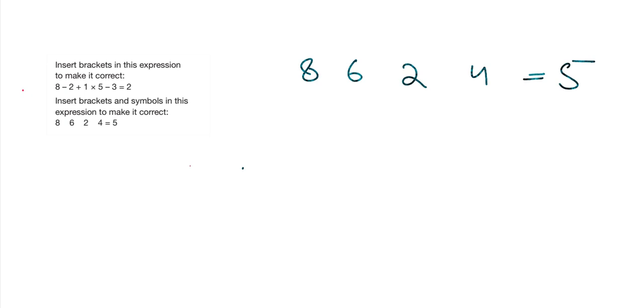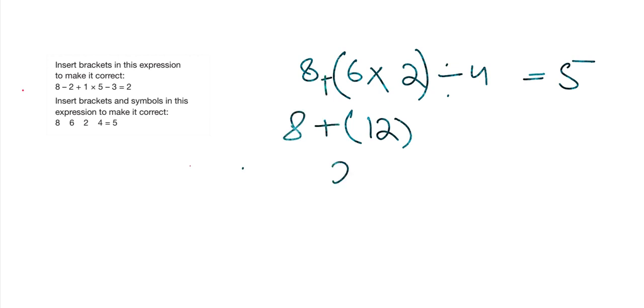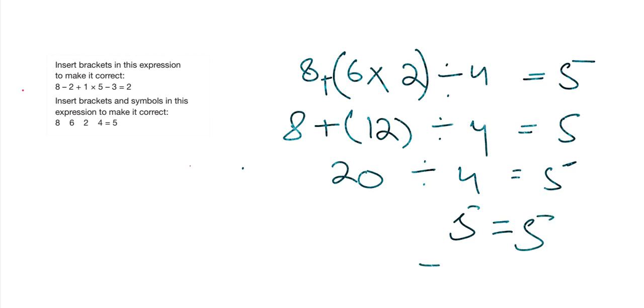What do we need? If we make this as 20 and divide the answer by 4, we get, and times it with 12 and then add up 8. Yeah, we got 20. So the answer is 5.